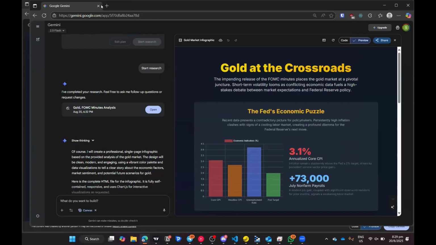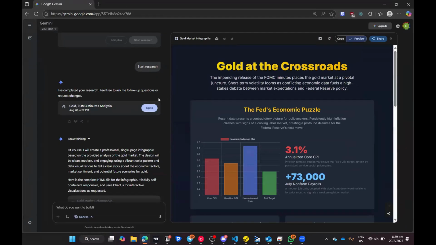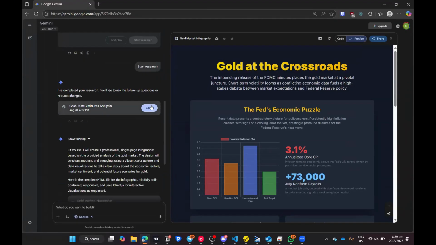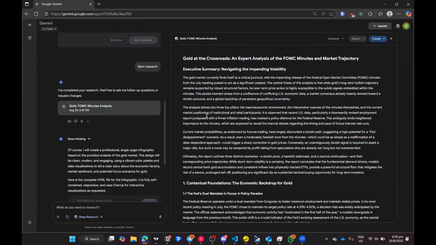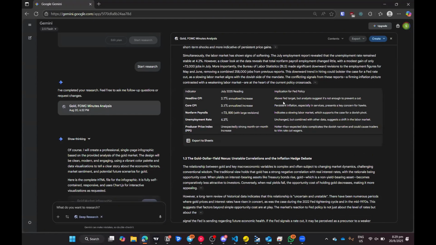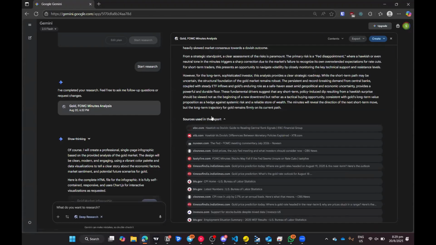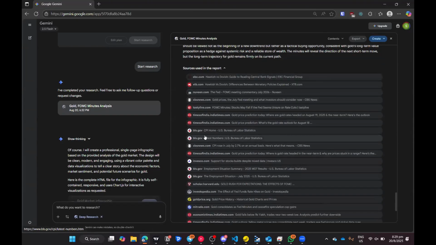Let me see if I can show you guys the research done. A lot of this was mentioned in the infographic. But the key thing is you want to make sure that the sources it's using are legitimate.